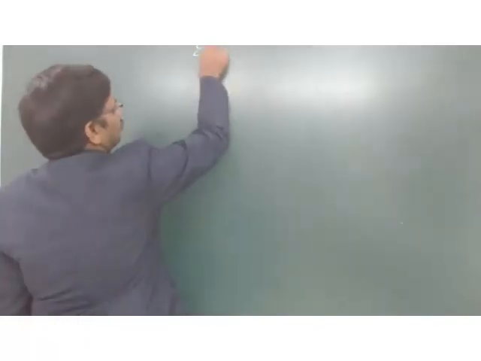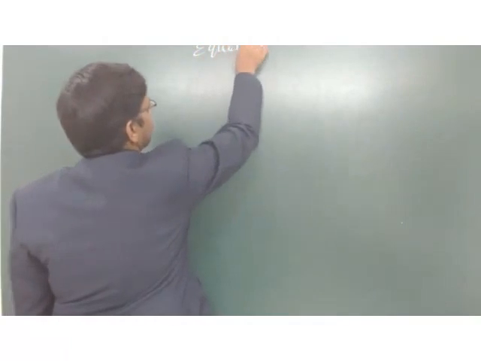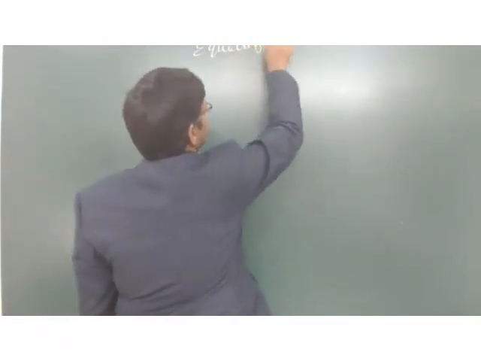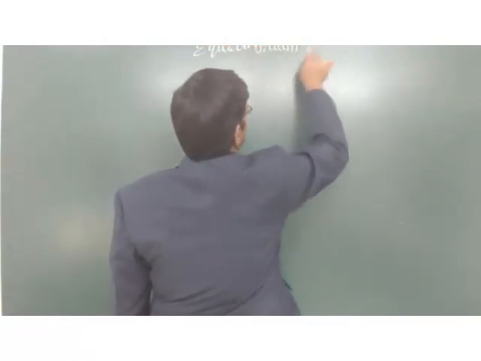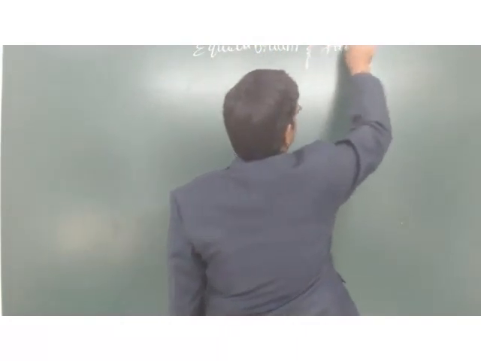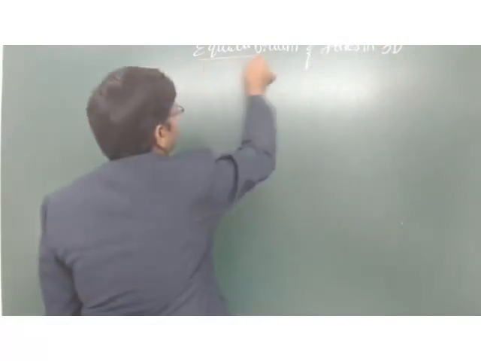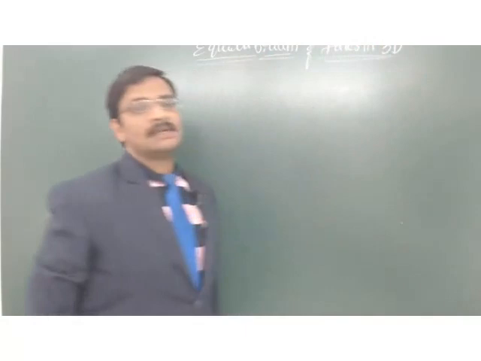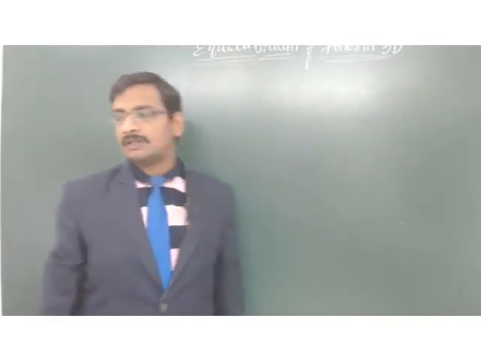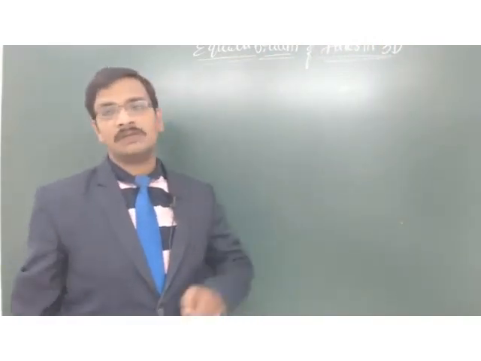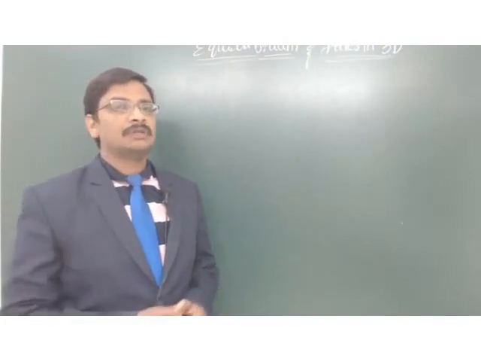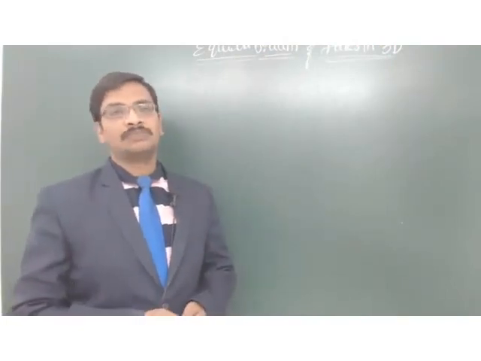Equilibrium of forces in 3D. In this, we learn the necessary and sufficient conditions for a system of forces to be in equilibrium. Now, we have discussed something related to wrench.